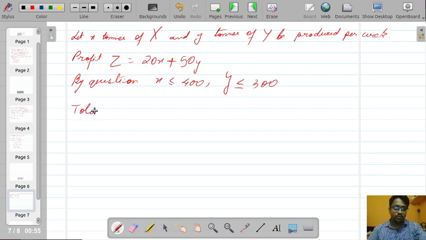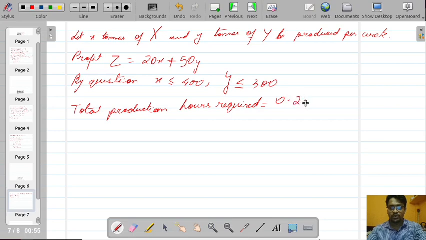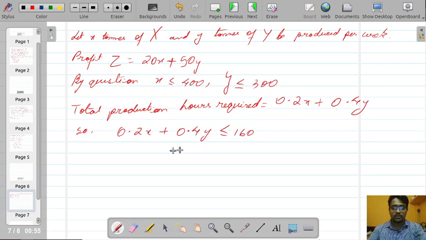And total production hours required is actually 0.2 times X plus 0.4 times Y, and by question 0.2 times X plus 0.4 times Y has to be less than or equal to 160.